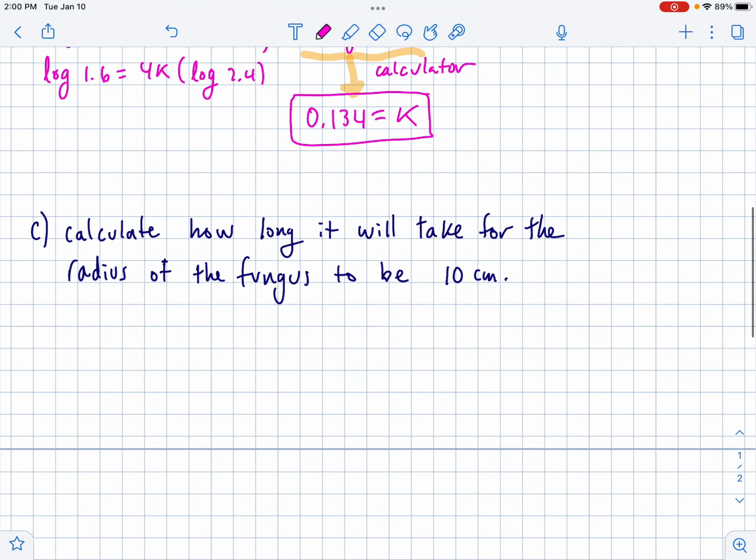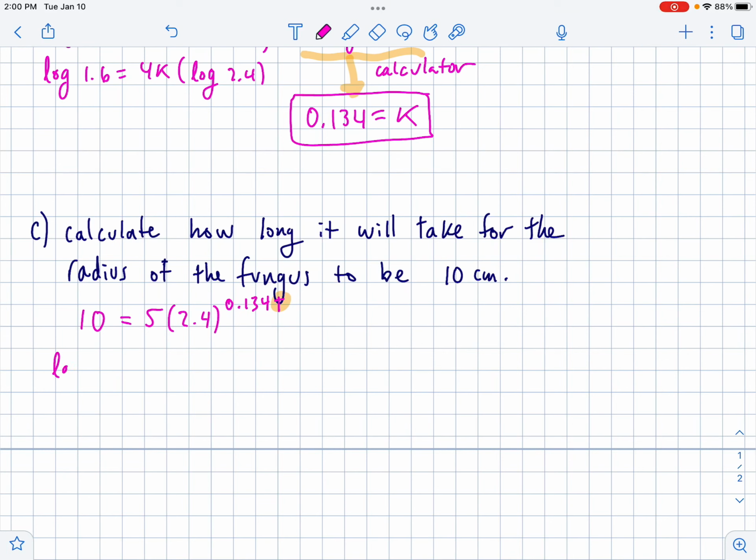Calculate how long it will take for the radius of the fungus to be 10 centimeters. Well, we want to set our function equal to 10, and the function was 5 times 2.4 to the power of kt, but now we solved for k, so that exponent is going to be 0.134 t. So we need to solve this. The thing that we're solving for is in a power spot.